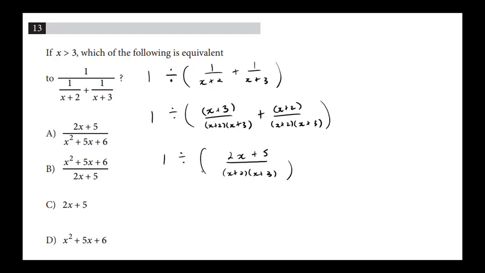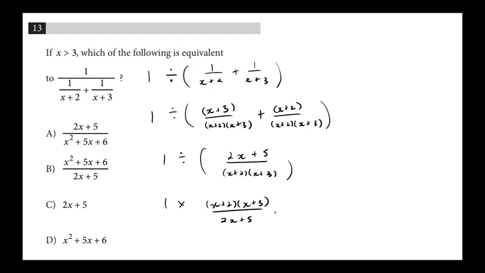And then how do you divide fractions? Well, one rule is you copy the first number, you change the division to be times, and you flip the fraction. So it's 1 times, flipping the fraction is x plus 2, x plus 3 over 2x plus 5.